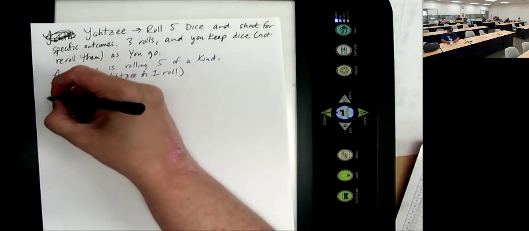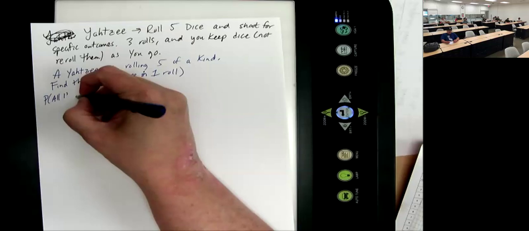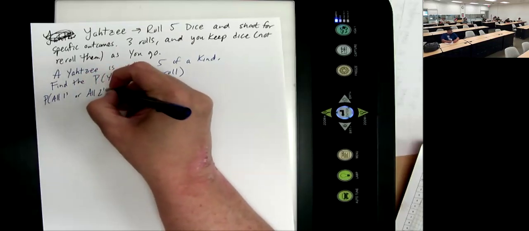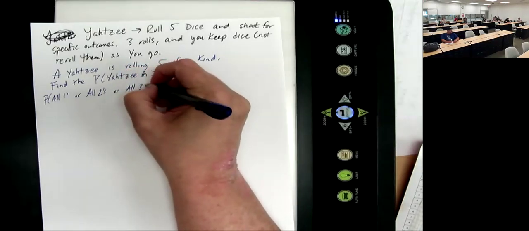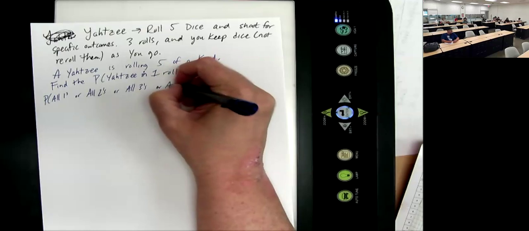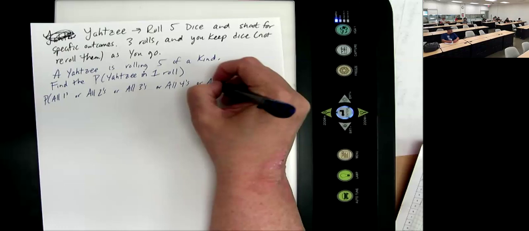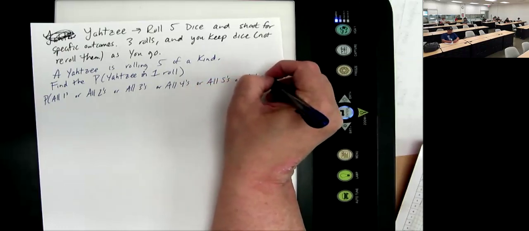So this is like doing the probability of all ones, or probability of all twos, or all threes, or all fours, or all fives, or all sixes.